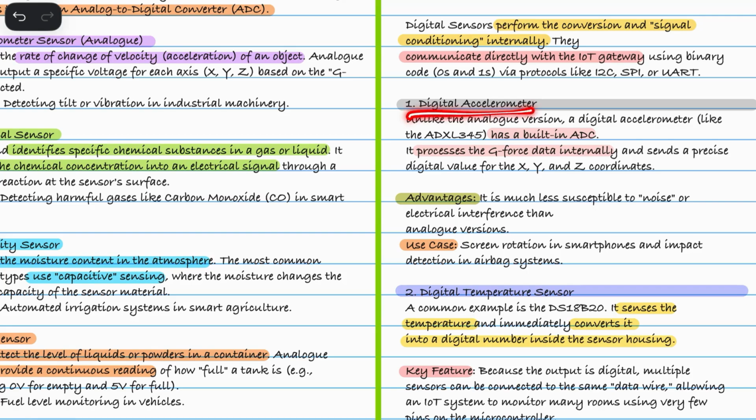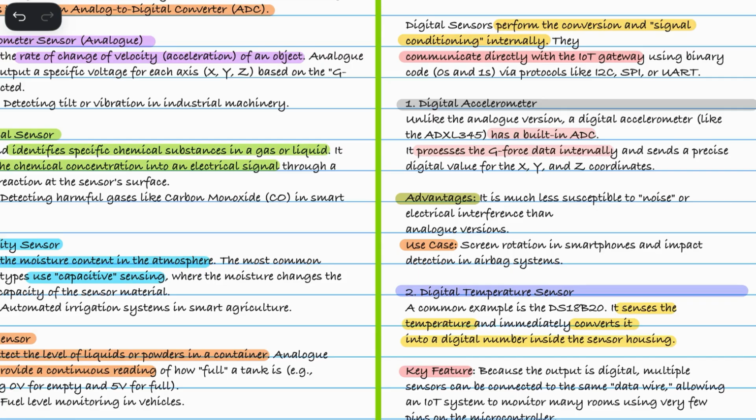That is why we have digital accelerometer. They change the game. What happens? It computes the precise g-force value for the x, y and z internally. Then it packages those numbers into a clean binary string, for example 0 1 1 1 0 0 1, and ships them out.